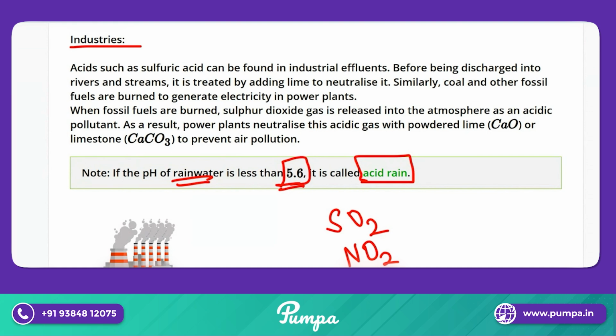So below 5.6 you can say it is acid. 6 is slightly acidic, but we cannot say it is acid rain. So it is still in the range of normal water. 5.6 க்கு மேல 6, 7 அந்த மாதிரி இருந்தா, 7 இருந்துச்சுன்னா பியூர் வாட்டர், நியூட்ரல் அப்படின்னு கன்சிடர் பண்ணலாம்.